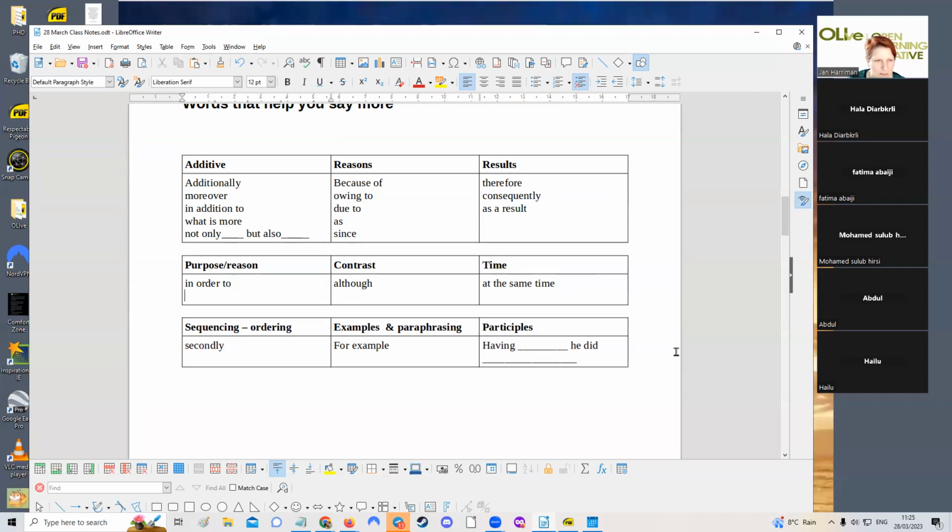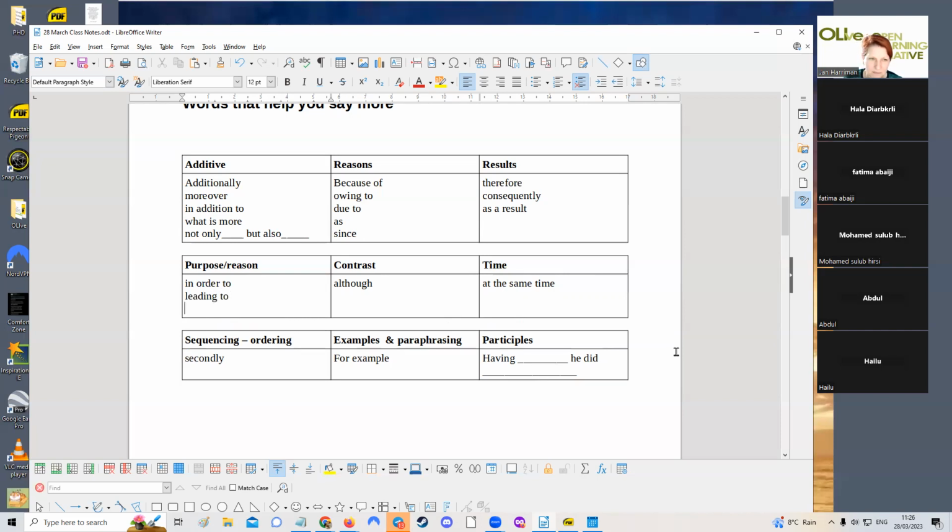So how about purposes or reasons? We've got in order to. These tend to be longer phrases. I'll give you leading to. Having this in mind.